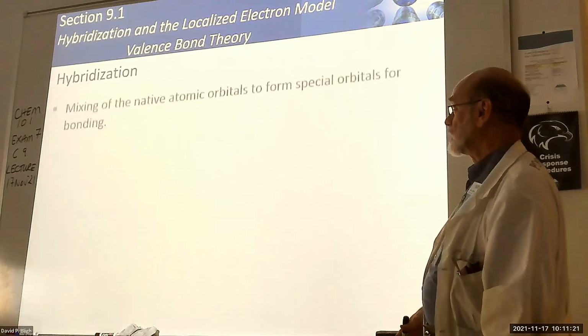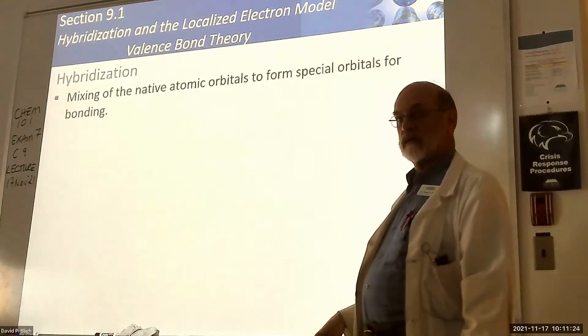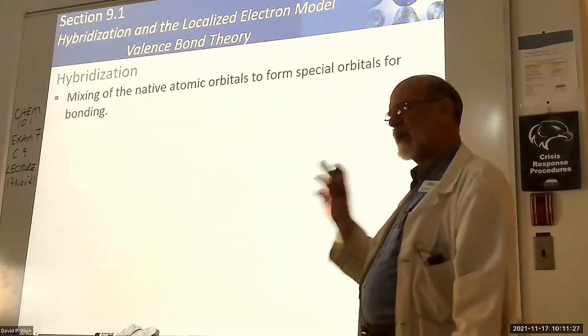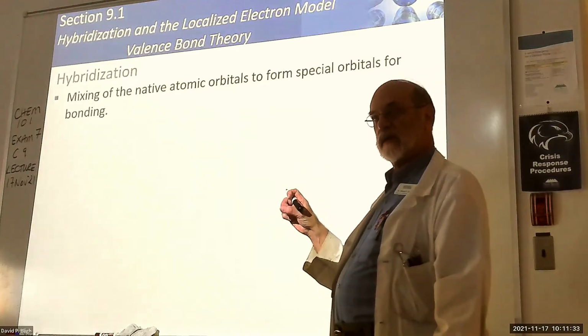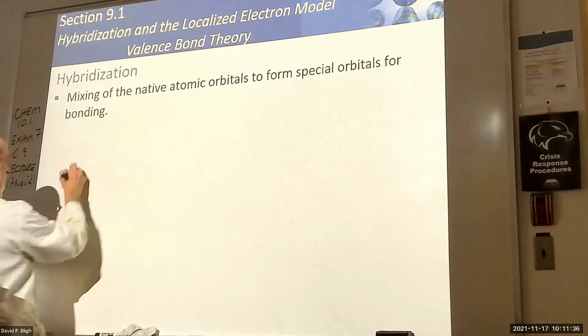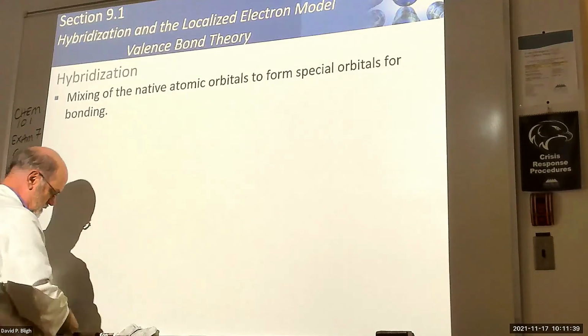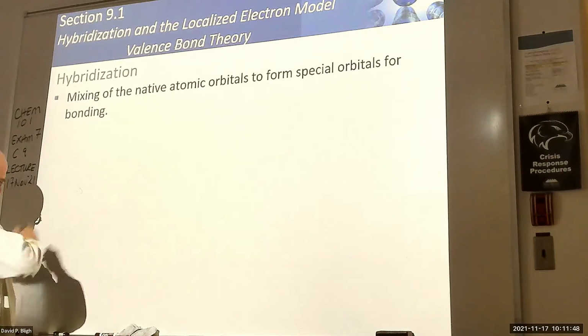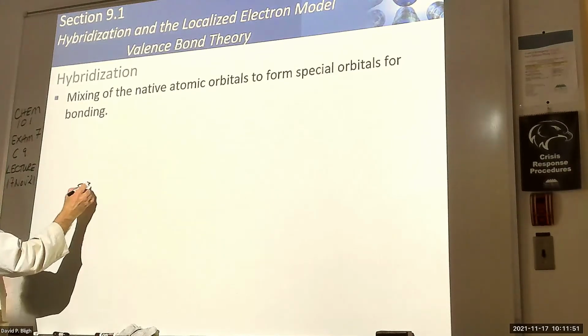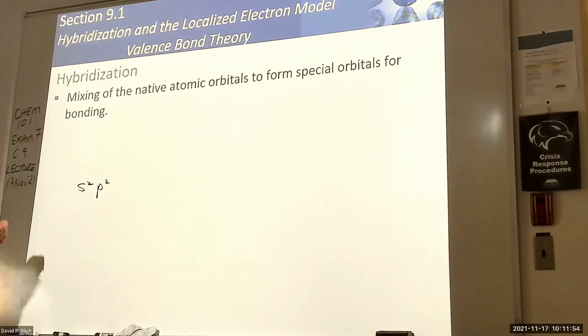And what we do is we form a hybrid orbital. With the s orbital with two electrons and the p orbitals with 2 electrons, we need 4 equivalent orbitals that will hold those 4 electrons.